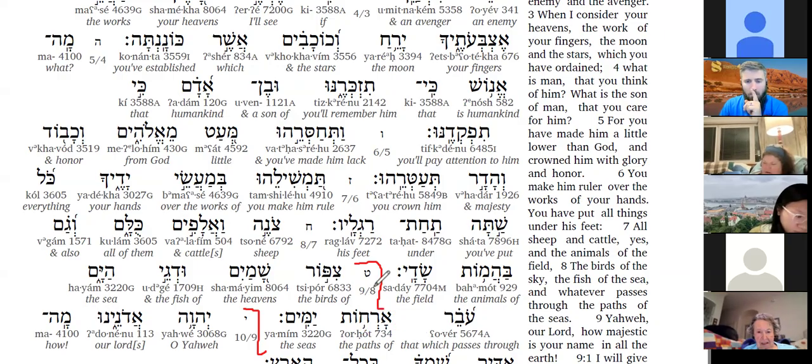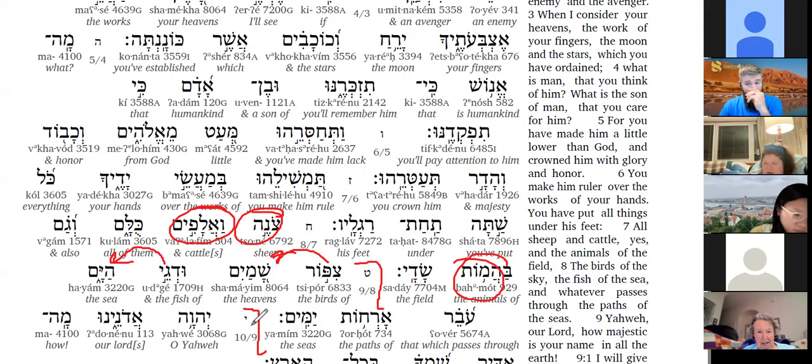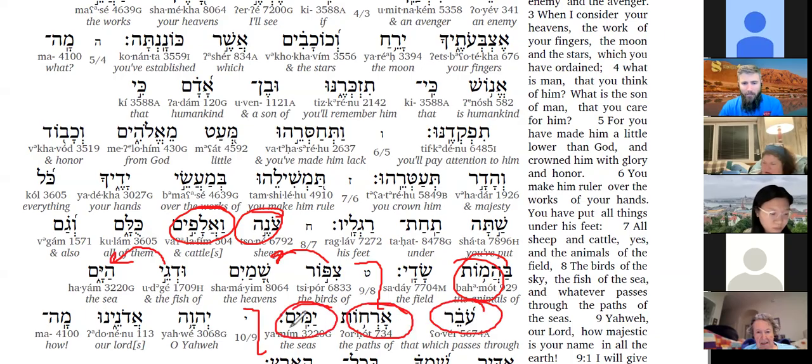Very good. So we're still continuing this list of animals: sheep, cattle, animals of the field, tzipor, the birds of the heavens, udgei hayam, the fish of the sea, and then what about this last part? Over orchot yamim. Over, the one passing.